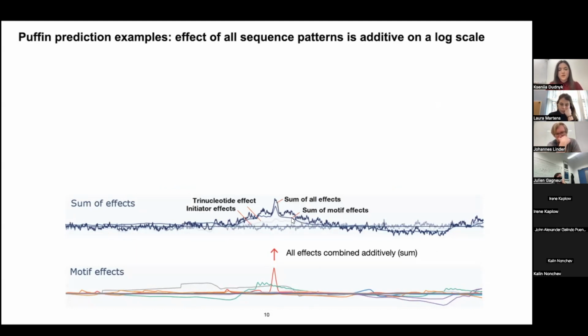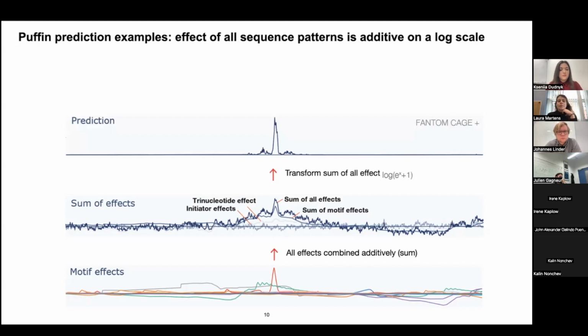And we can see here that indeed motifs contribute the most to the signal. The initiator is just this wiggly line. It does not contribute that much, but it fine-tunes the base pair resolution that we see in the signal. And then trinucleotides capture some residual effect that we cannot capture with motifs and initiators.